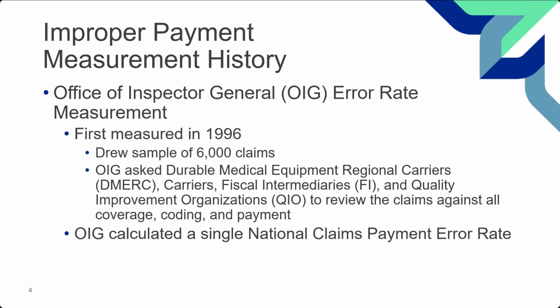Now, it was the individual contractors that actually reviewed their own claims. I think it's fair to say that that was not exactly an ideal situation. When completed, OIG calculated a single national claims payment error rate based on the errors assessed by the contractors.